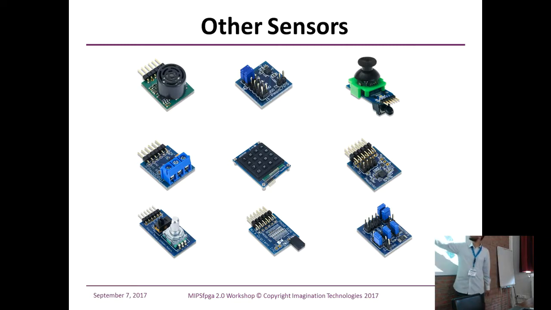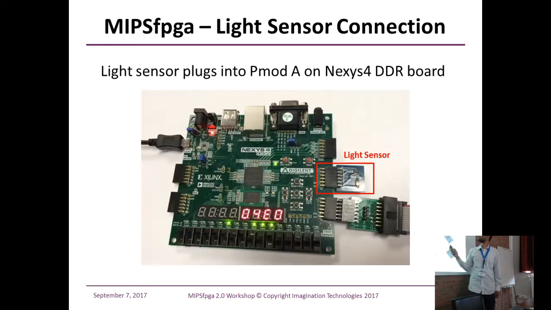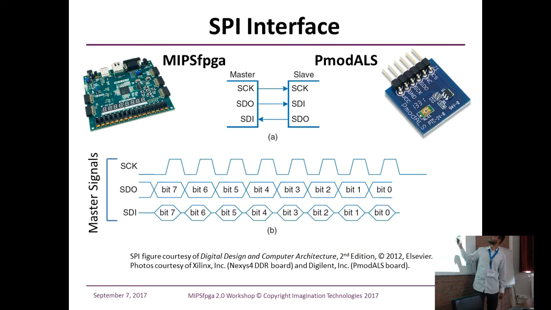There are other sensors as well provided by Digilent. There's one for relays. There's a joystick, and various other temperature sensors. Just to go back a bit, to describe the interface: from the MIPSfpga master, these signals come out on this second PMOD header.